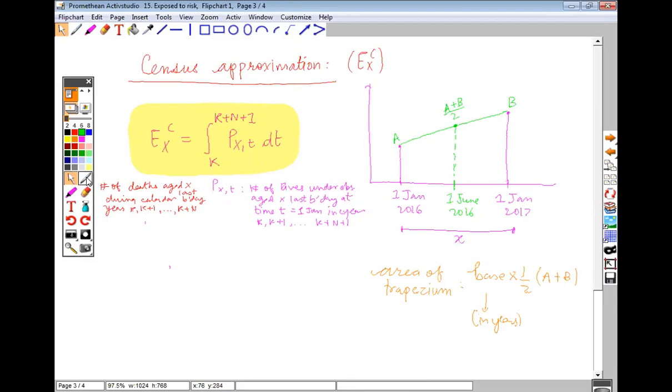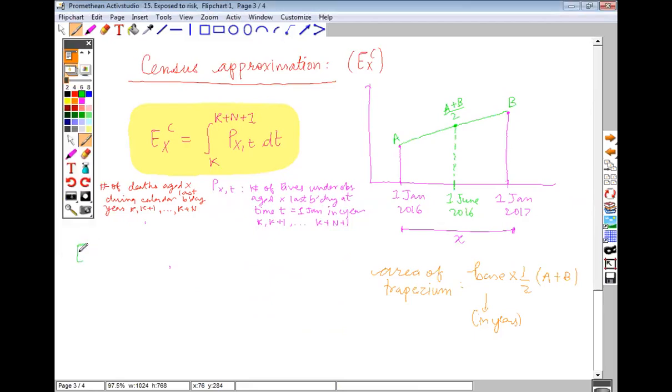All right. So now I will redefine this formula for central exposed to risk. I do a trapezium approximation, and now I try to write this information in terms of the points on which I observe the PXT. If I want to figure out something about this, I can just take an average of these two, right?